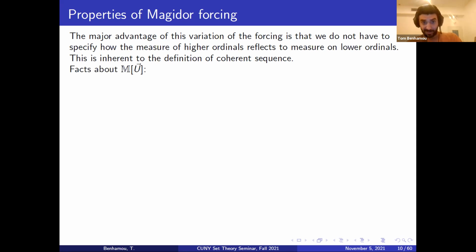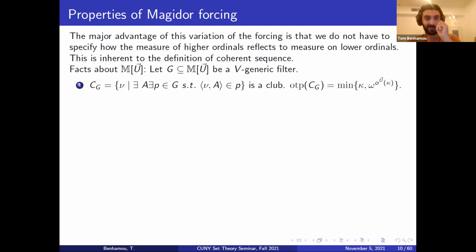Some facts about MU. Let us fix some V-generic filter G for MU. First, let us describe the club added by this sequence. It's basically all the ordinals which appear in some pair of a condition in the generic filter. So you collect all the ordinals of pairs inside conditions in the generic filter.